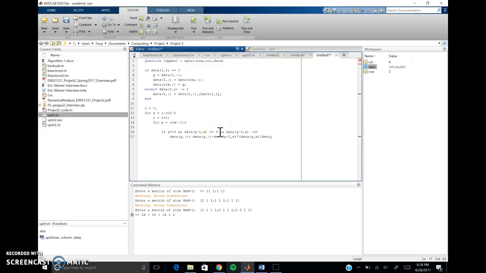If that's equal to 0 and the data above that is 0 or does not equal 0, then we can work with that data, and we are subtracting the data that we want, which is the row that we're in, minus the data 2 rows above it, times the data that we're looking at divided by the data 2 rows above it. Close these parentheses, and we can continue.